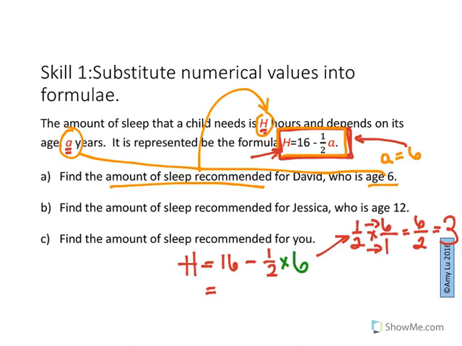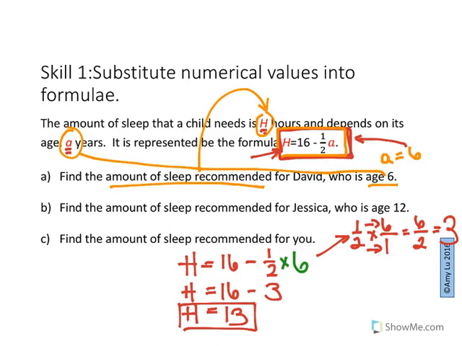So when I rewrite this expression, H equals 16 minus 3, then now we can solve it. 16 minus 3 is 13, and H equals 13. So therefore, David, who's 6 years old, needs 13 hours of sleep. That's a lot of sleep.